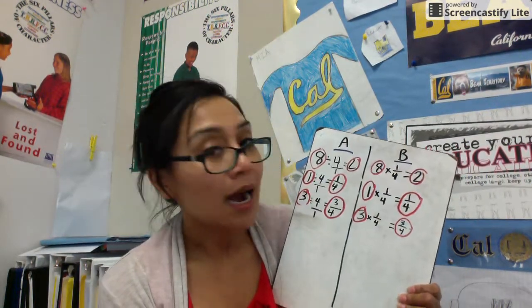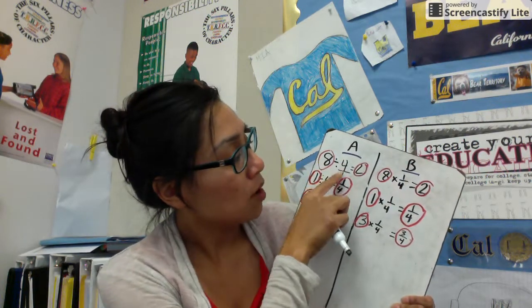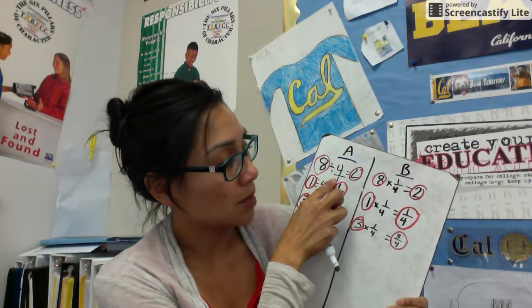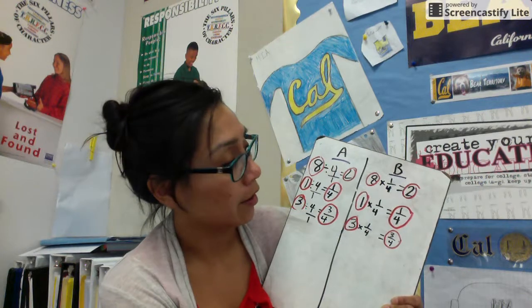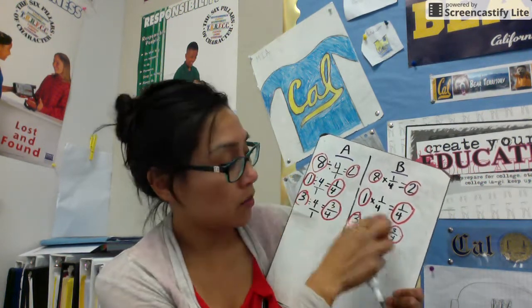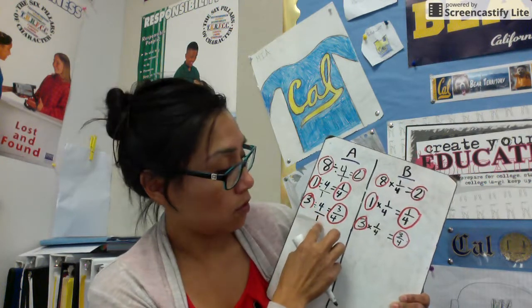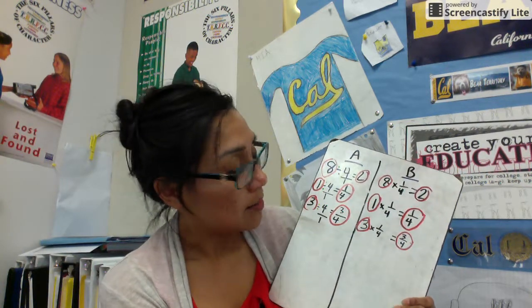Okay, look in here. I kind of see a reciprocal going on. I'm noticing that 4 ones, well, if I flip that over, if I make the denominator into the numerator and the numerator into the denominator, well, that looks like 1/4. Okay, well, what about here? 4 wholes. If I flip it around, it looks like 1/4. And then same thing here, 4 wholes. If I flip it around, it looks like 1/4.